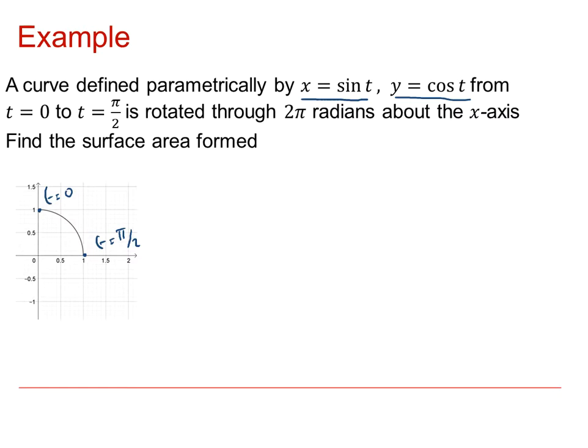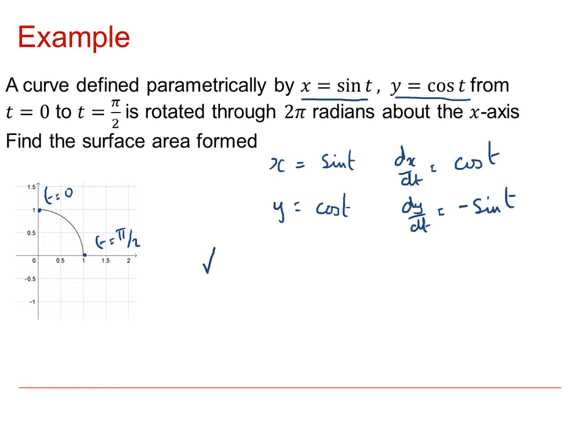So within our integral that we need to evaluate, we first of all need to work out dx by dt. So if x is sine t, then dx by dt is equal to cos t, and y is equal to cos t gives dy by dt equal to negative sine t.